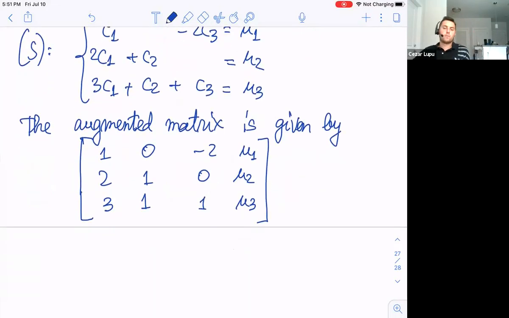And what to do from here? That is the question.